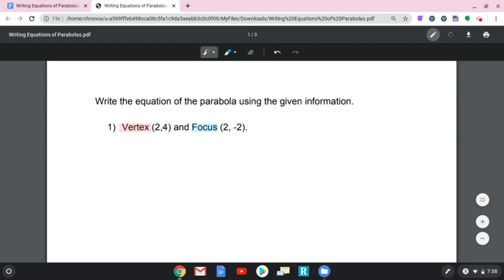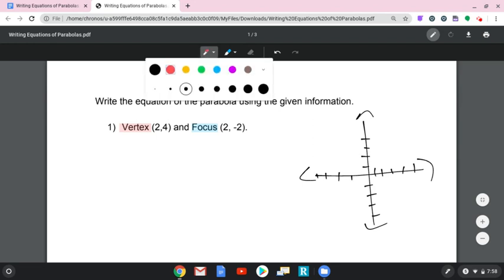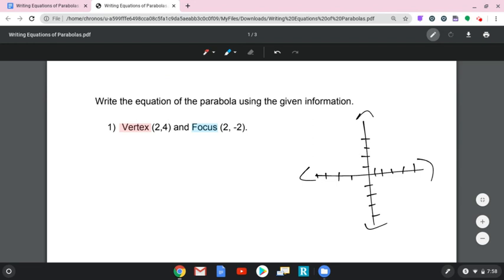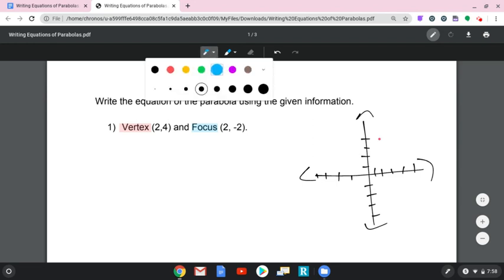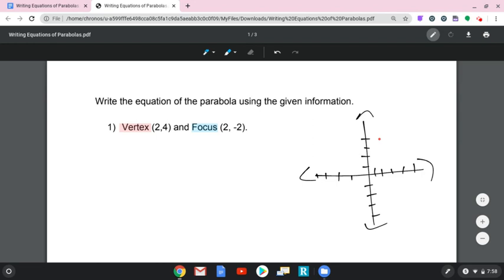If I think about graphing this, I can just do a rough sketch. My vertex is (2, 4), so I put a dot there. And I know my focus is going to be (2, -2).